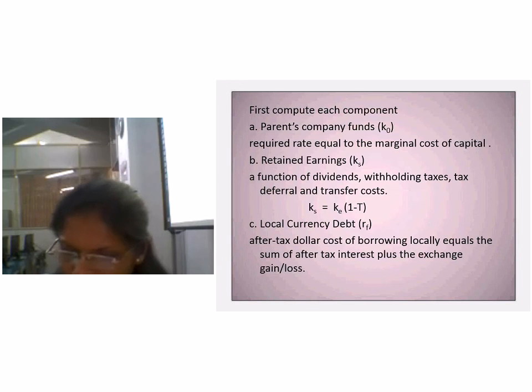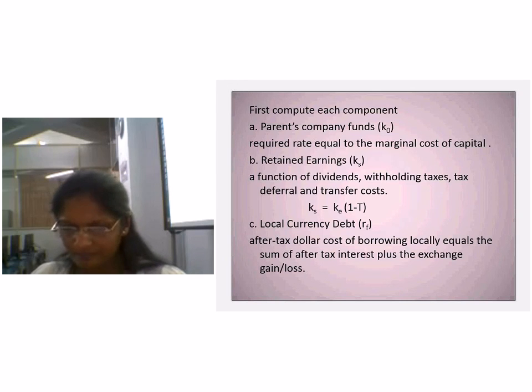We present all of these using T, right? From the retained earnings, the companies have to pay the taxes, withholding taxes and other deferred taxes to the government. So we have to deduct that amount from the cost of equity.